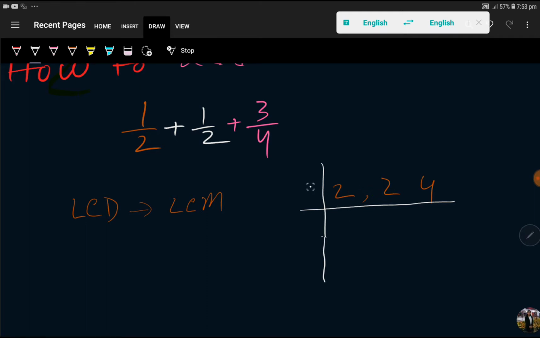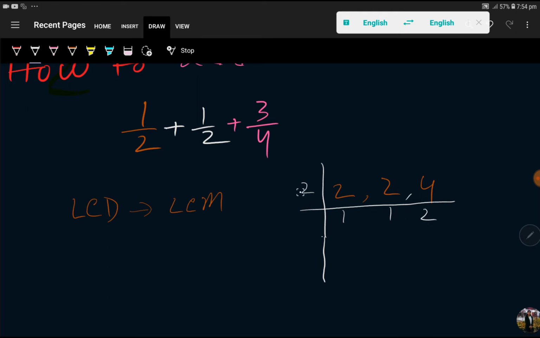Now I need to take a number that will exactly divide at least 2 numbers from this series. If I take 2, then 2 divided by 2 is 1, here 1, and if I divide 4 by 2, then I'll get 2, right? Now you will not get any number other than 1 that will divide at least 2 numbers here.